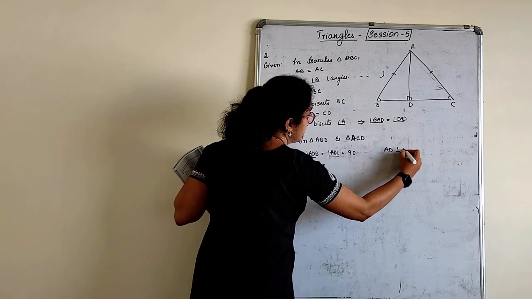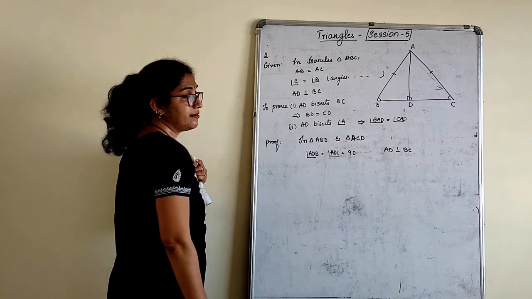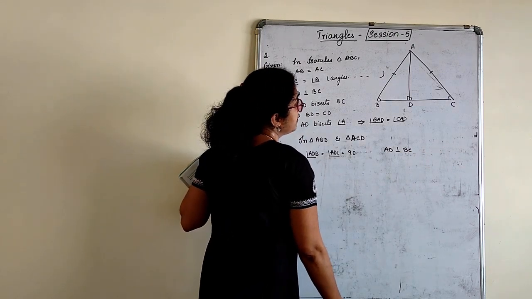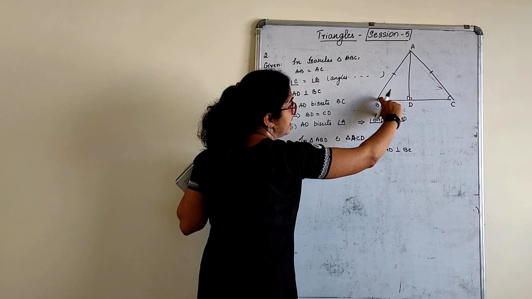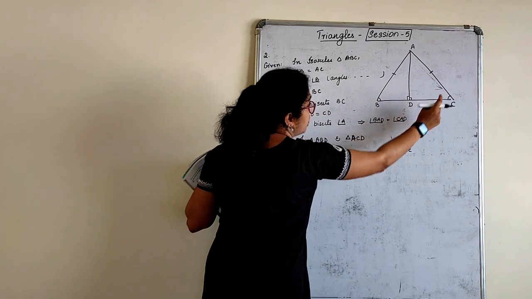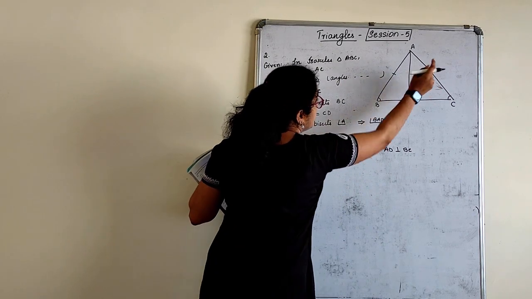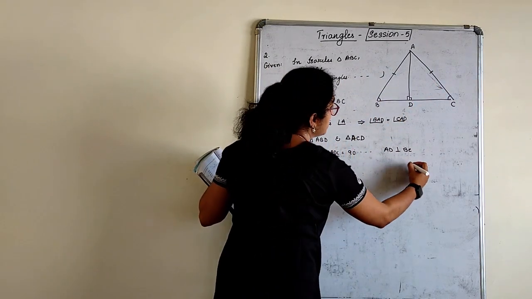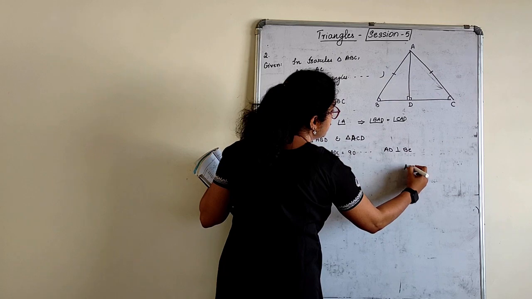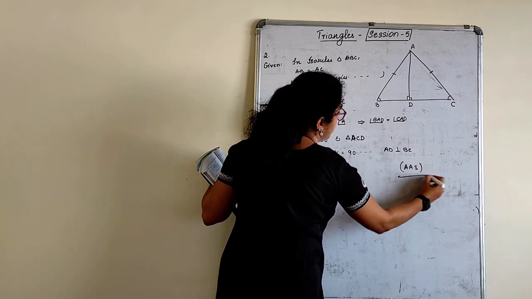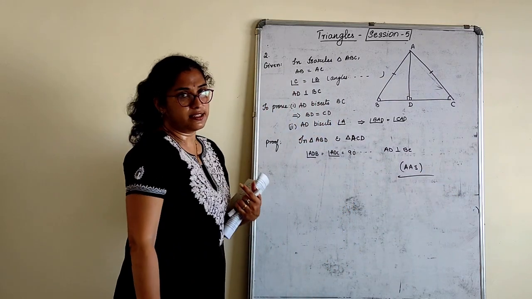Reason: AD perpendicular to BC. Then we have so many things here, children. I can even tell that angle B is equal to angle C, right? And I will tell that AB is equal to AC. Assume that. That means I have two angles and a side. Then I will prove this by AAS, right?